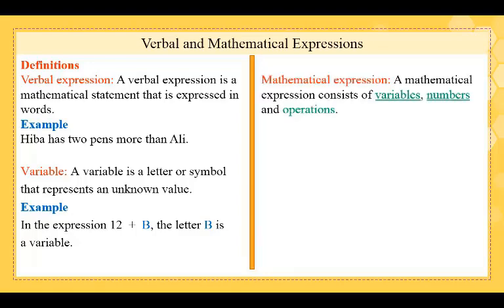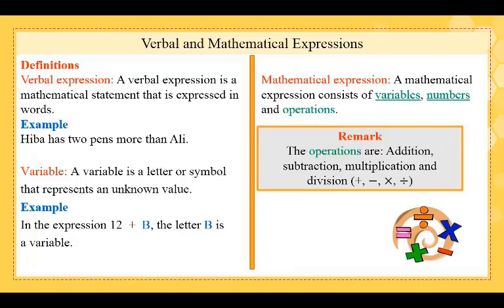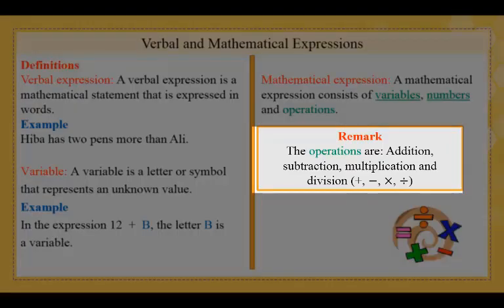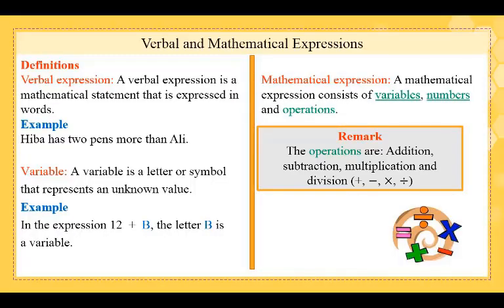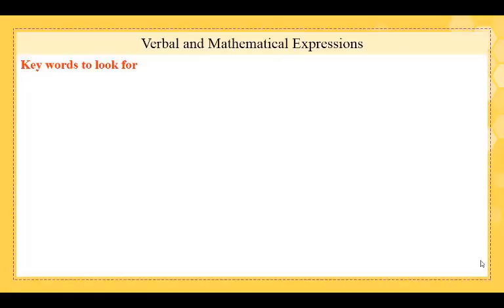A mathematical expression consists of variables, numbers, and operations. Operations are addition, subtraction, multiplication, and division. For example, a plus 2, a times b, 3m minus 6.